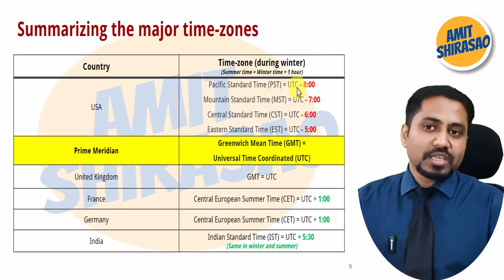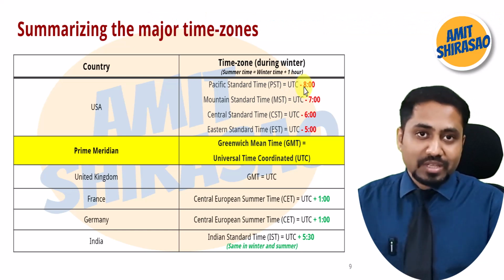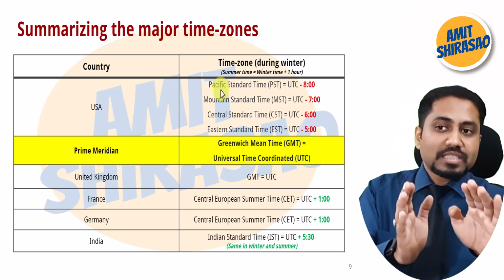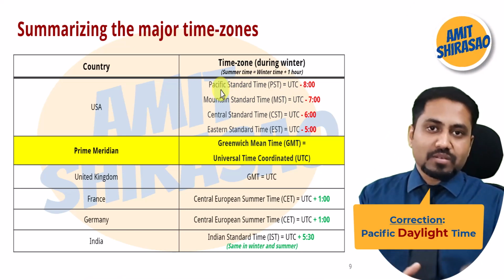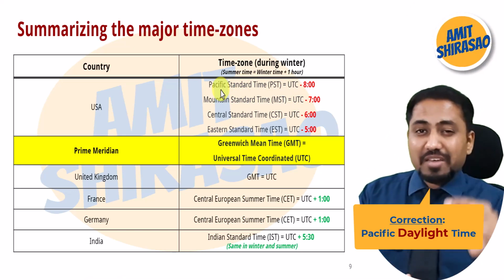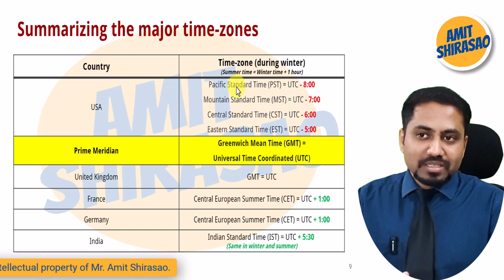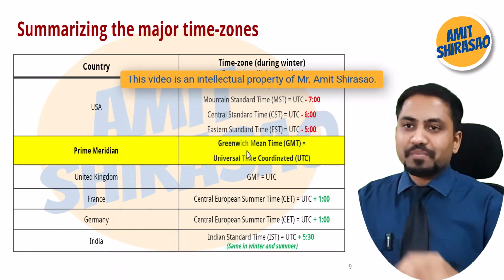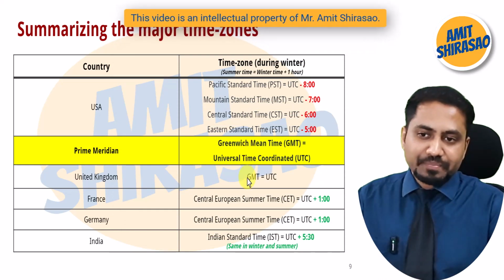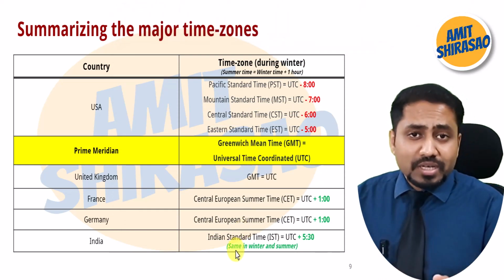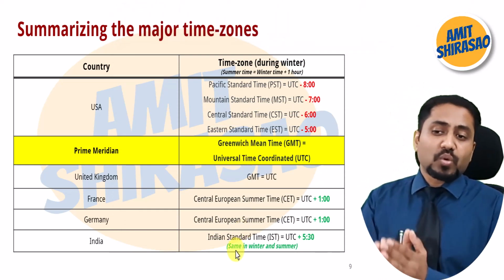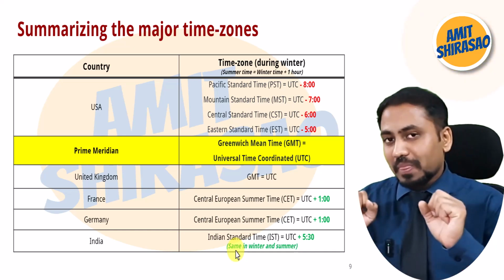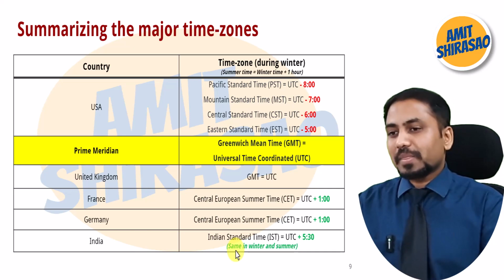That means it will be UTC -7, and that time is called Pacific Daylight Time. That's why I mentioned standard times in this column. If you want summer time, just add 1 hour to it. India does not follow daylight saving, and that's why India will always follow Indian Standard Time, whether it is winter or summer. It's always the same for India.